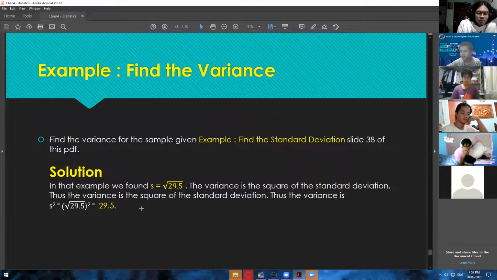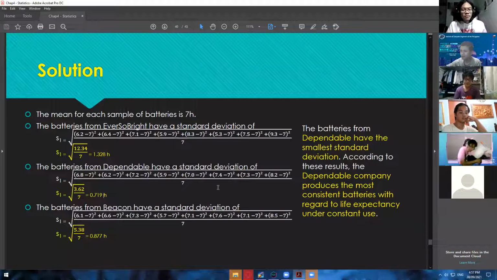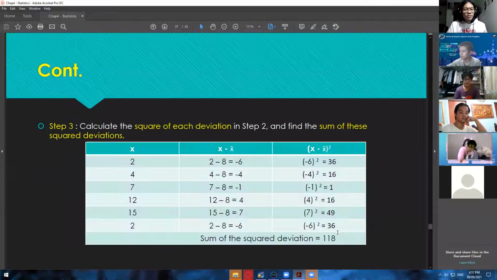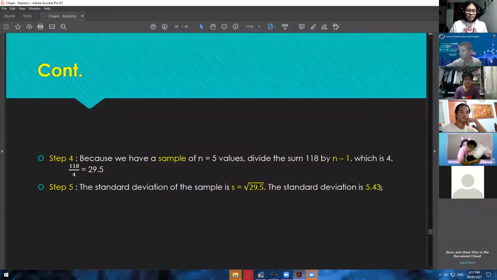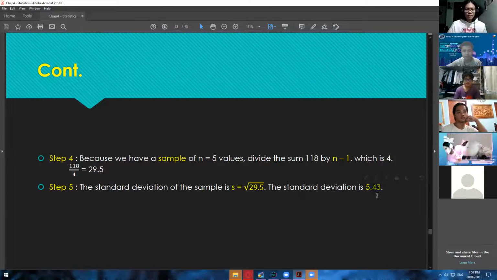So are we clear with this one so far? Yes, sir. Okay. Anyway, here I just want to give the gist of what this variance is. The deviation is 5.43, right? And it's acceptable if it's less than 1.